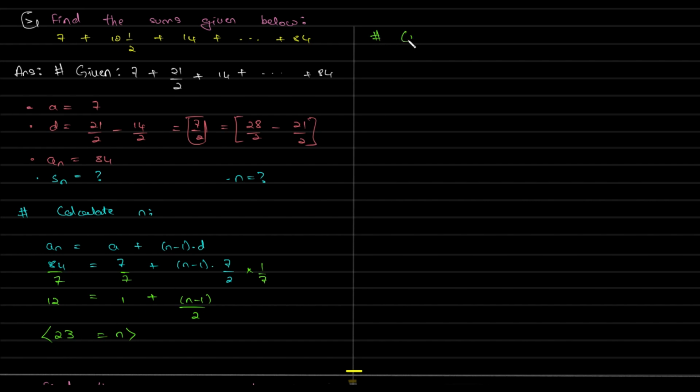Next is calculating S of 23. We begin with Sn, which is nothing but n by 2 into (a plus an). So S of 23 is equal to 23 by 2, into a, your first term, 7, plus an, 84.